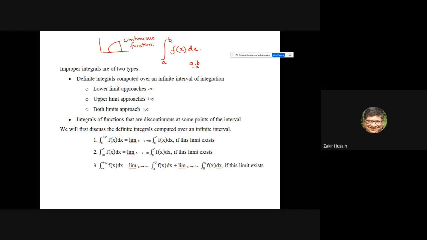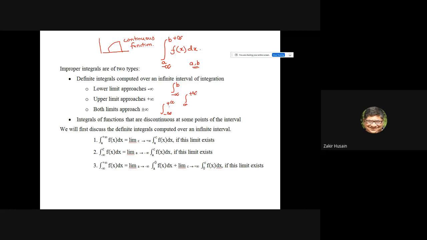So instead of A or B, one possibility is that you have an infinity. The lower limit can be minus infinity, the upper limit can be plus infinity, or you can have a mixture of both.